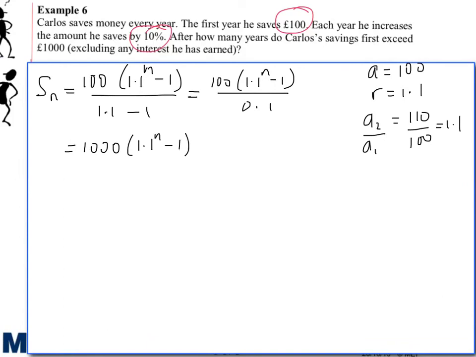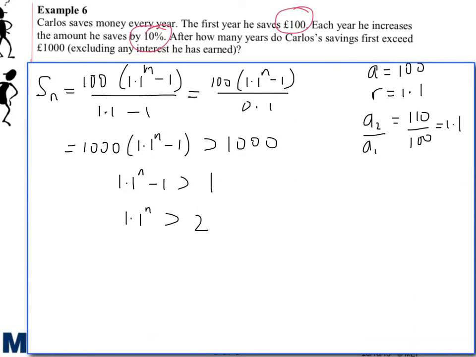And when this exceeds 1000, so we want to find out when this is greater than 1000. Now if we divide through, we get 1.1^n - 1 is greater than 1, and 1.1^n is greater than, we can take the 1 to the other side, so we get 2.